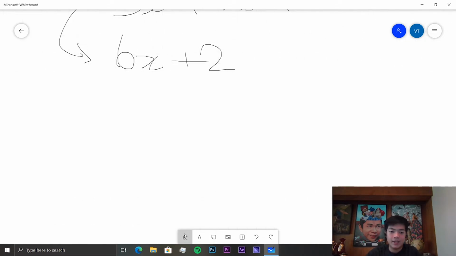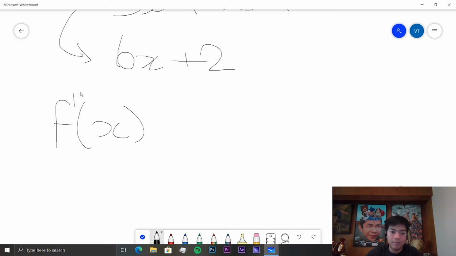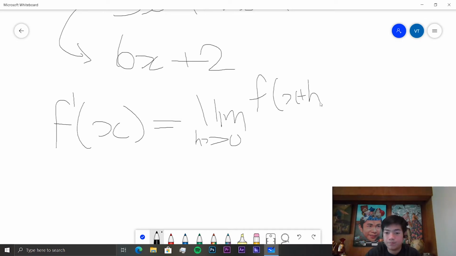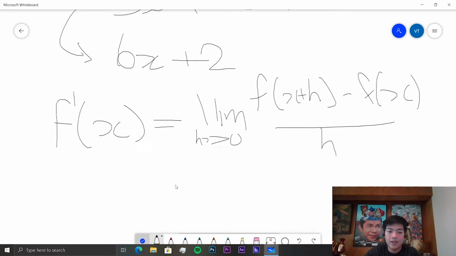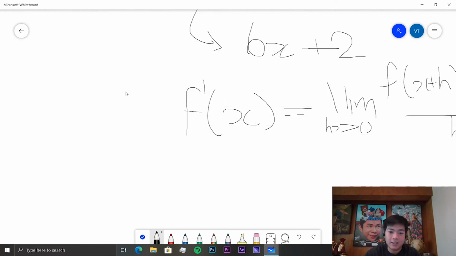So we can say that the derivative, which we denote as f prime of x, is equal to the limit as h tends to 0 of f of x plus h minus f of x over h. And this is also written as dy over dx, so you might recognize it from this symbol.